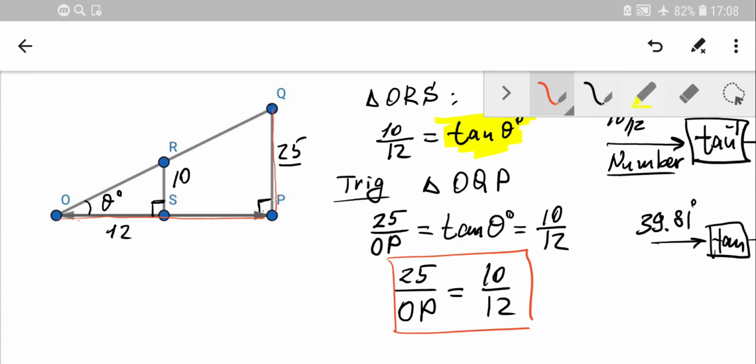Okay, that ratio equals the ratio of corresponding sides, so 10 to 12. So we're taking the same 10 as we start from here, and we divide it by this small side, which is 12. So we're taking 10 and we divide it by 12.